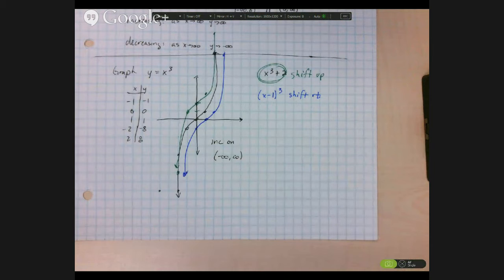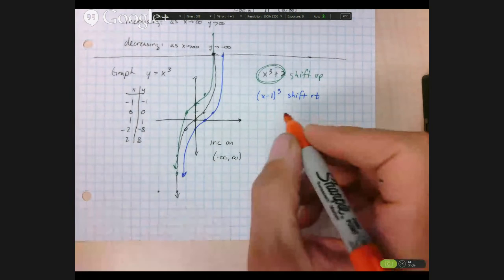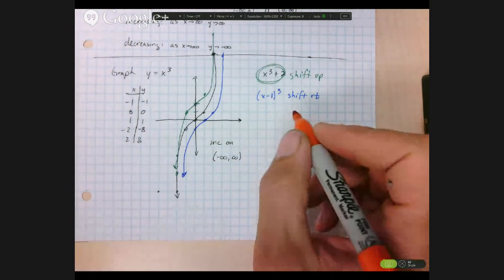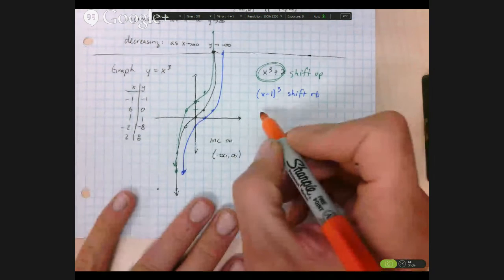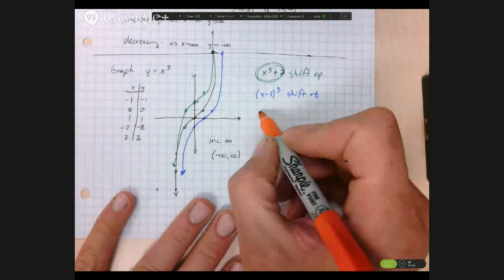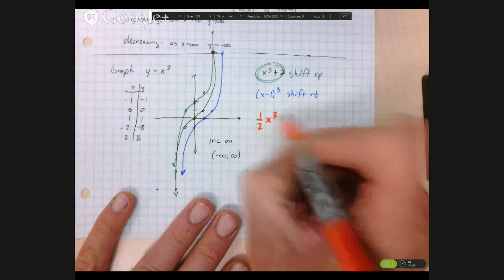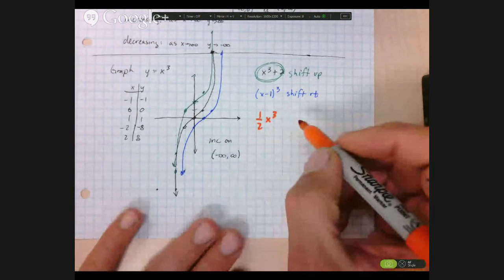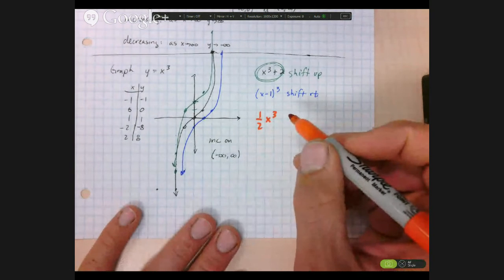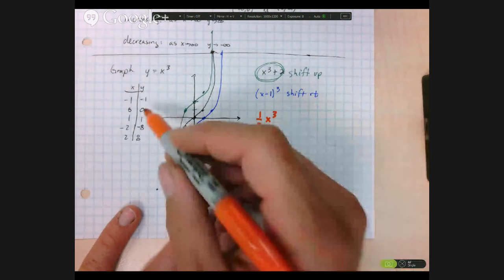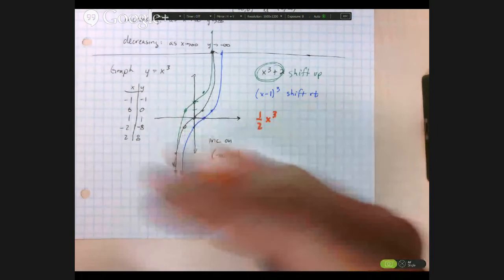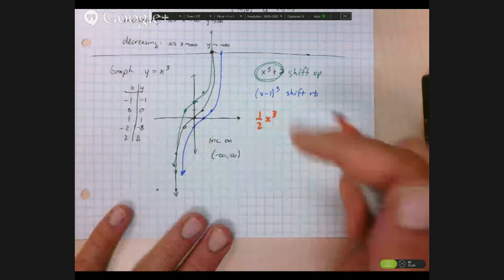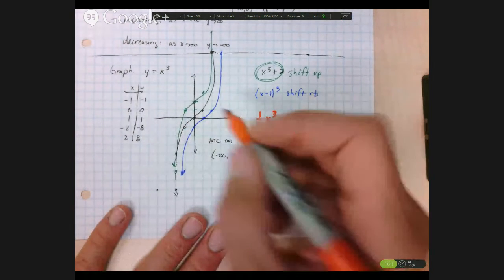We can also stretch it horizontally or vertically. So if I did like, let's do a half. This is going to do what? It's a half, so it's going to crush it down by half. Okay, it's going to make it grow slower.